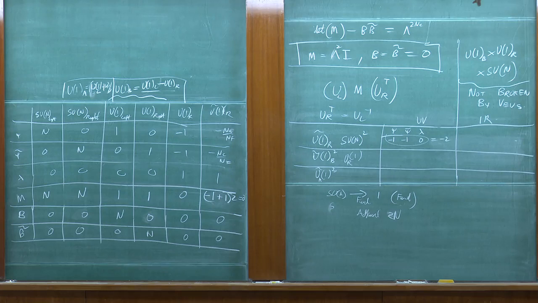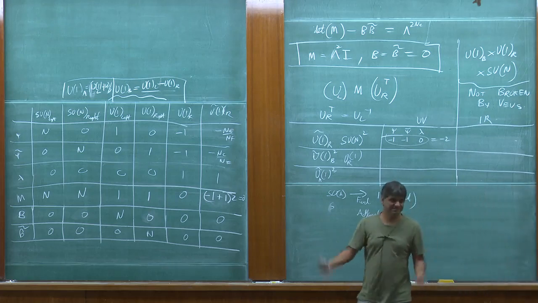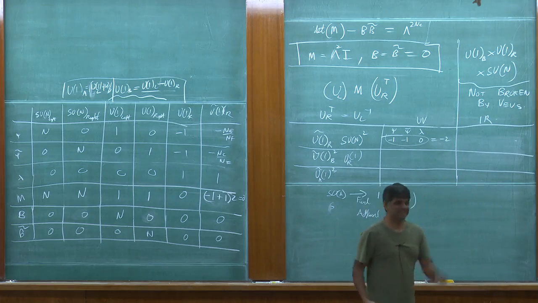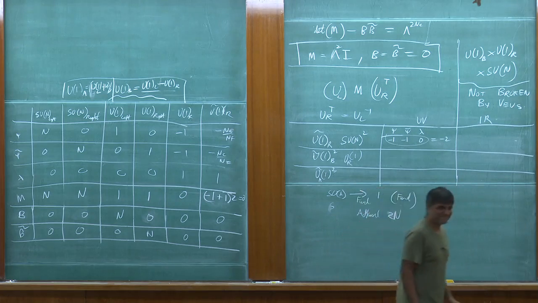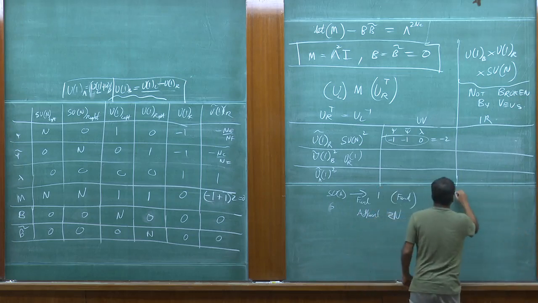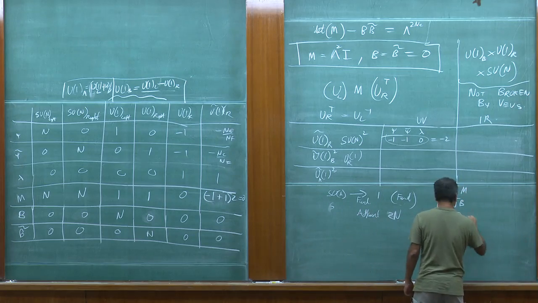Is this clear? Okay. Now, M that is traceless is exactly an adjoint field under the single SU(N). So our deviations are delta M, delta B, and delta B tilde.